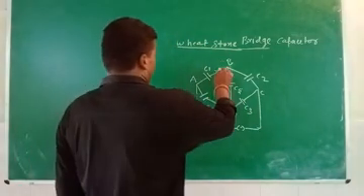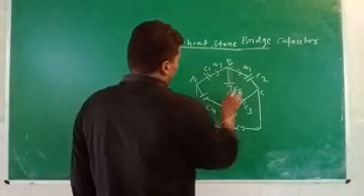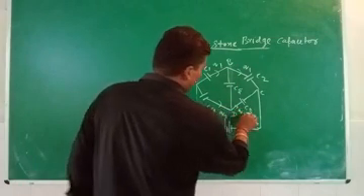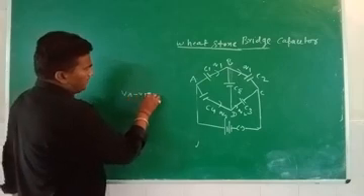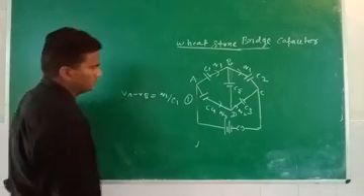In the same way, when the Q1 charge and the Q2 charge are transferred from the junction, the potential developed is VA minus VB equal to Q1 by C1, equation 1.